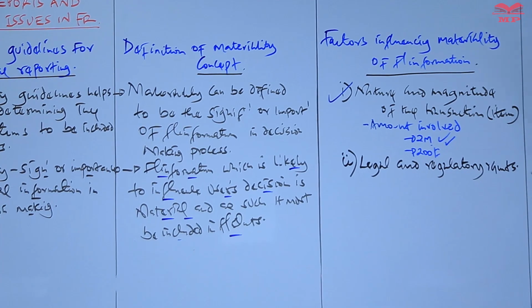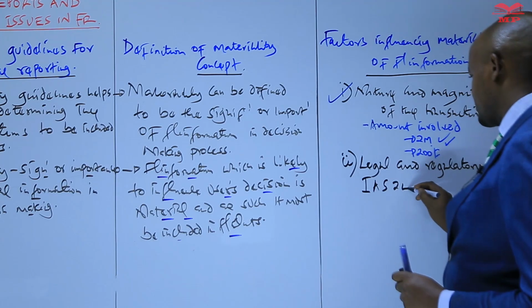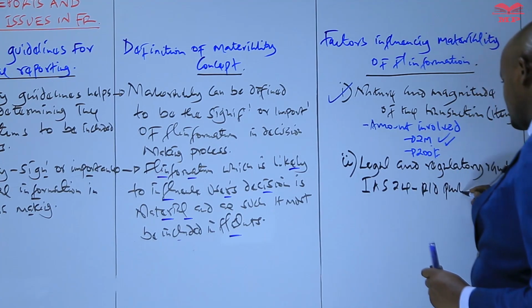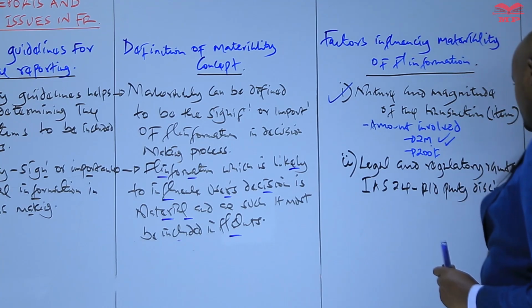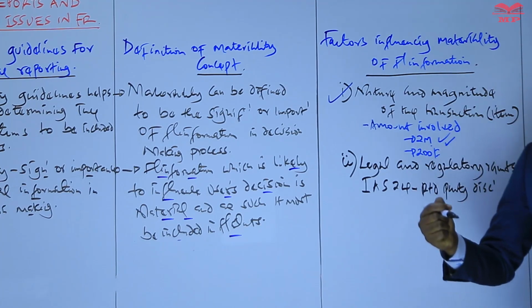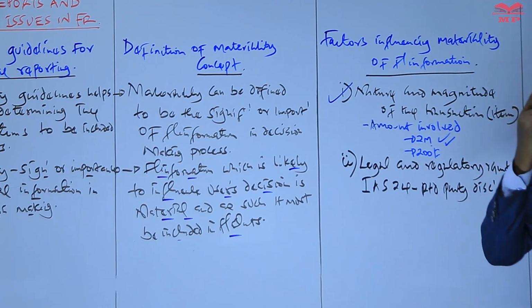For example, in accordance with International Accounting Standard number 24, which deals with related party disclosures, any transaction between an entity and a related party has to be disclosed irrespective of the amount involved. So all related party disclosures, irrespective of the amount, are material.